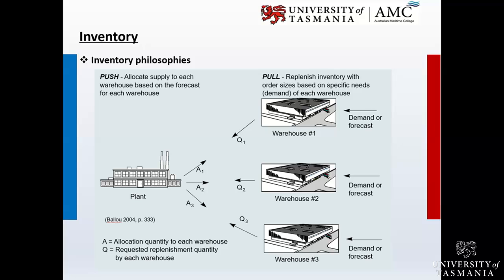For example, each warehouse will forecast their demand, and then the demand information will be transmitted to the plant and make a request, and then the plant will allocate the requested inventories to each warehouse.